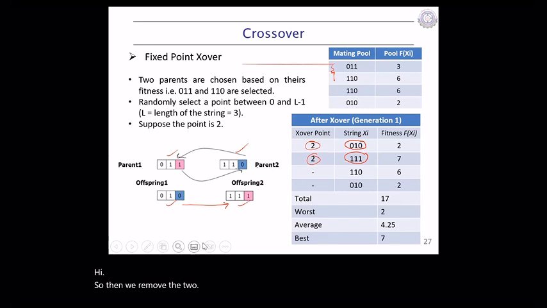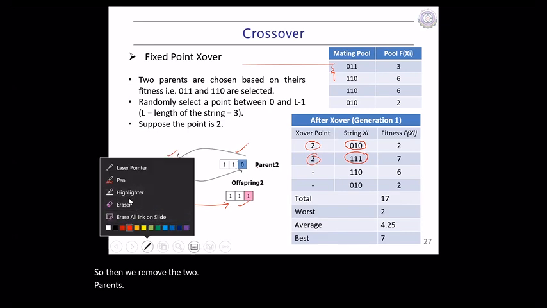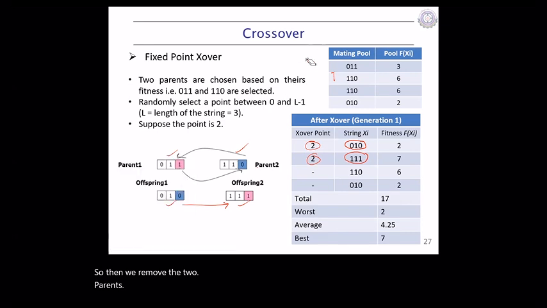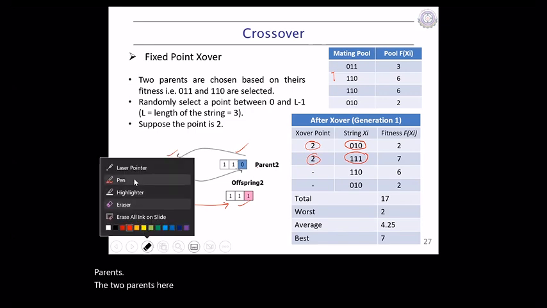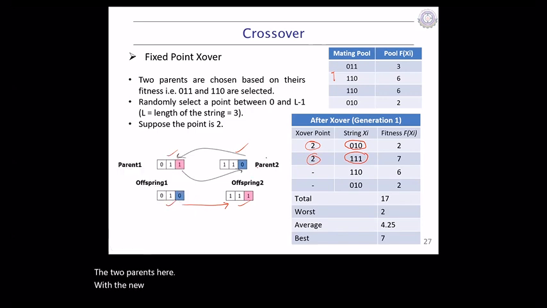Then we remove the 2 parents and replace them with the new individuals after crossover. The fitness is actually the value.